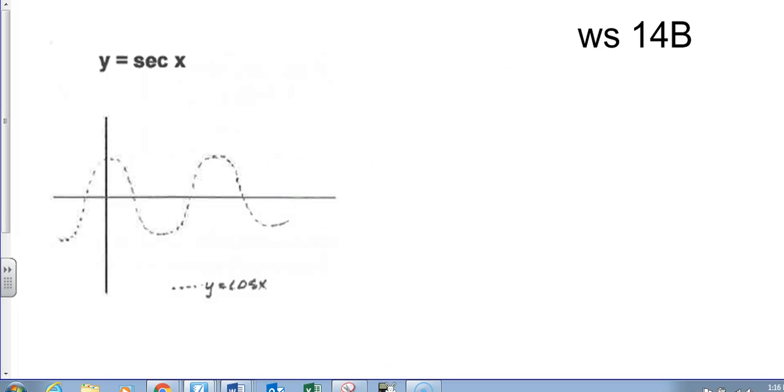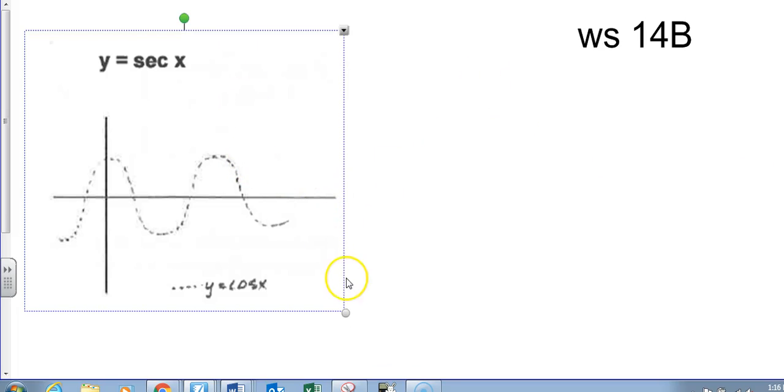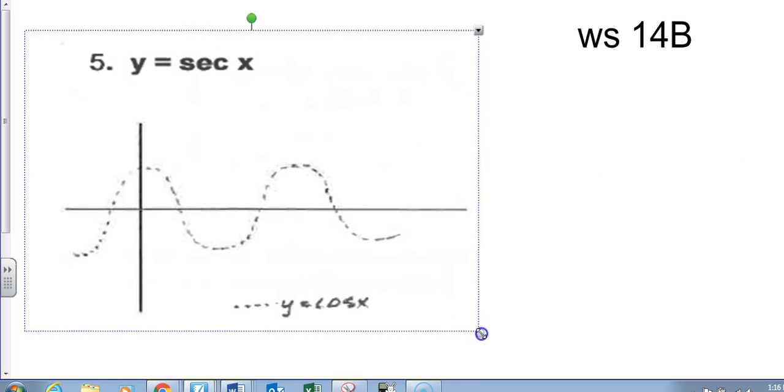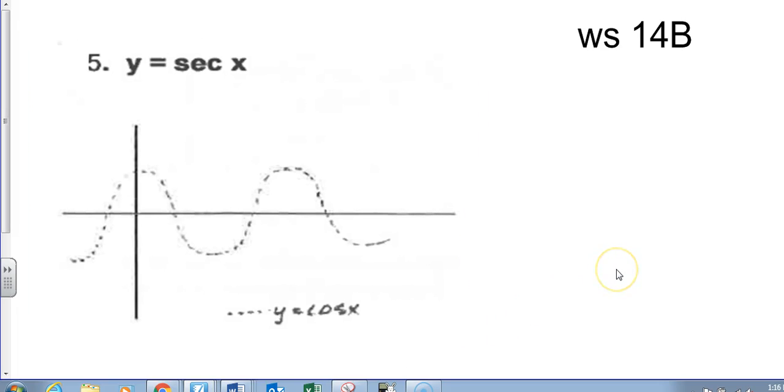I'm going to try to stretch this graph a little bit, see if it'll make it easier for me. Okay, where am I going to put asymptotes? Yes, wherever the original function had a 0. Can you tell me where those were? The original function in dotted line there is what?